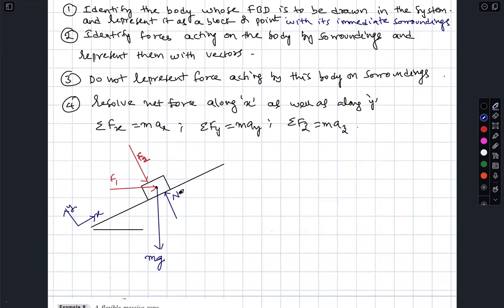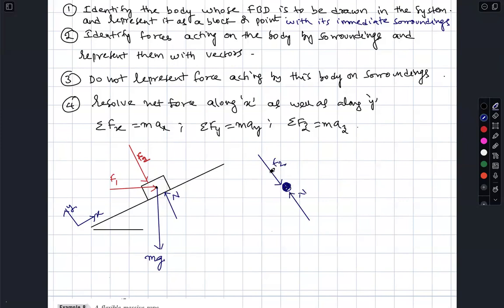Now this block, either I will represent it as a point or a block, no issues. Now I will represent the forces. On the y direction, what are the forces? One is F2. The other is the normal reaction.